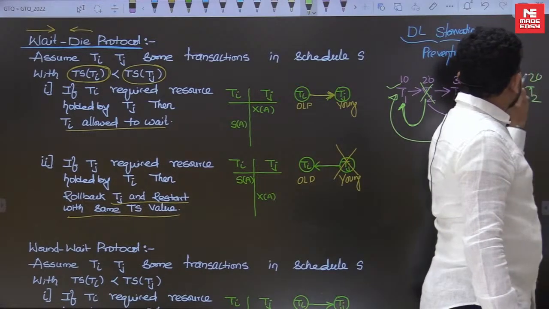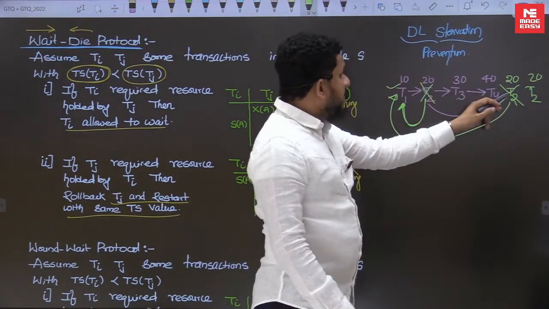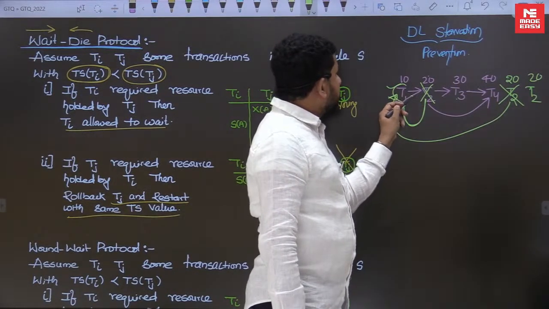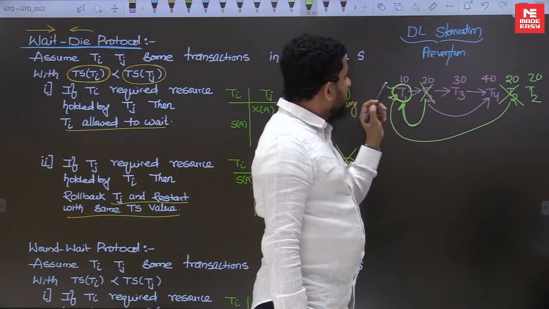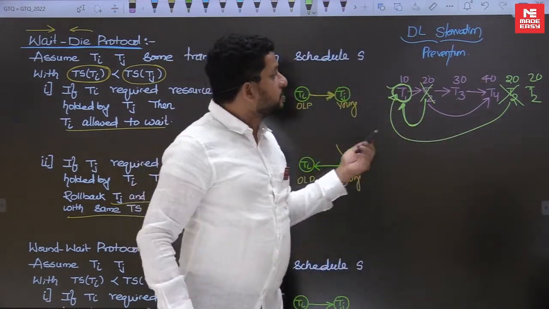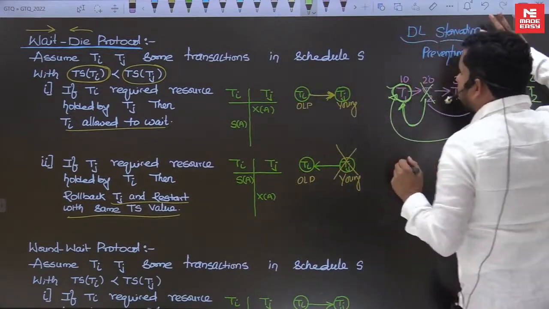So the number of rollbacks for T2 depends on the existence of T1, and it is definitely not indefinite. So there is no chance of starvation.